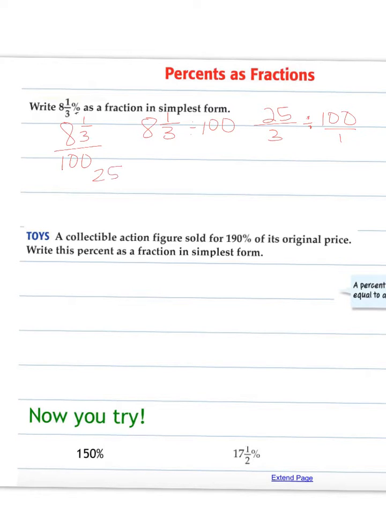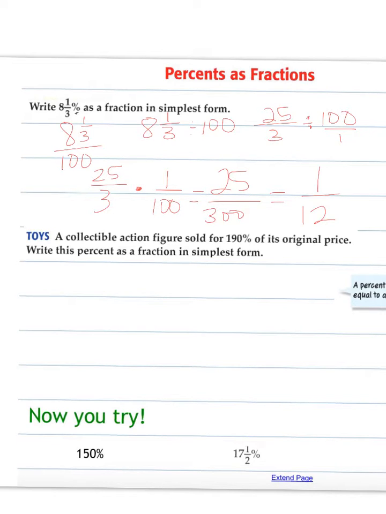So 25 over 3, and now we change to multiplication and we flip our second one to 1 over 100. Now we can do our multiplication, which 25 times 1 is 25. 3 times 100 is 300. So 25 300ths, which simplifies to 1/12.